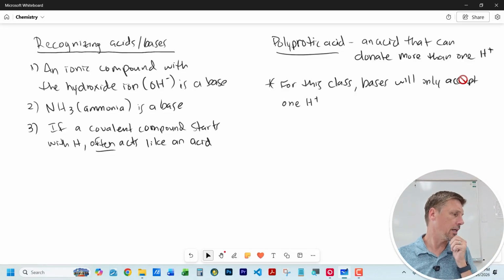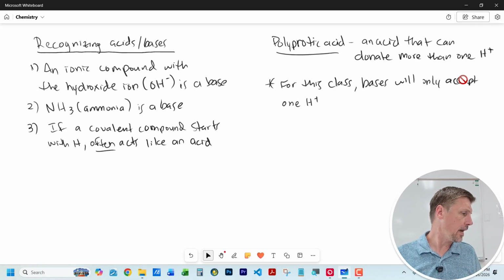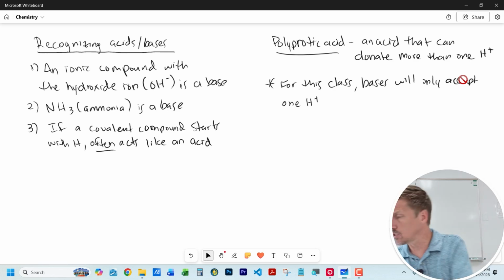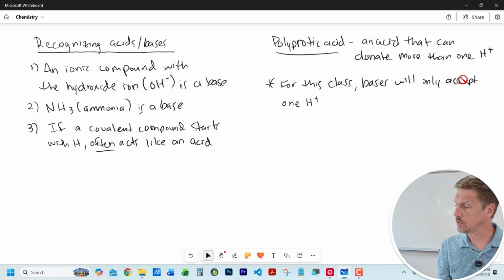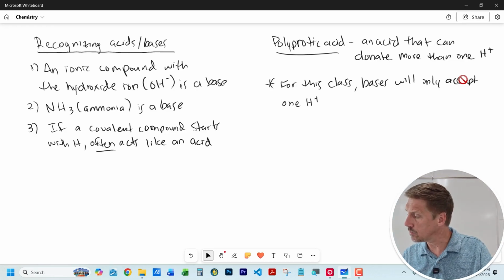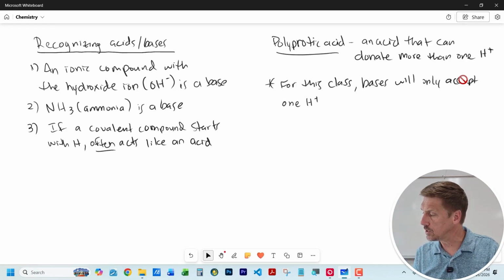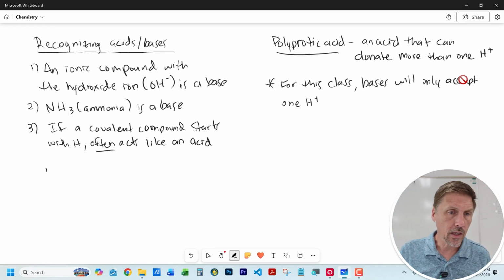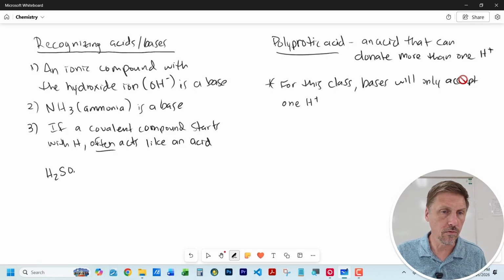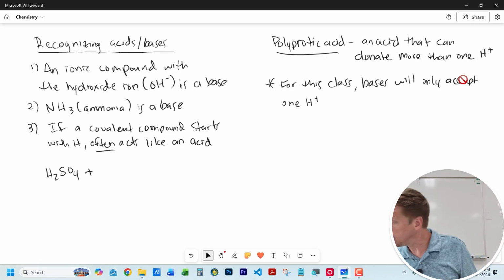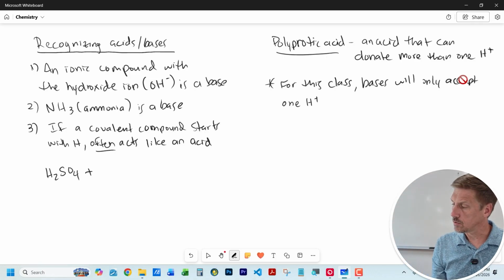And just to kind of see this in action, let's go on to Example 11.2. We're asked what is the chemical equation for the reaction between H2SO4 and NH3.